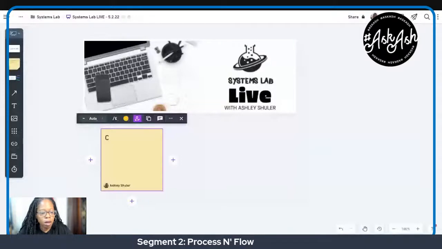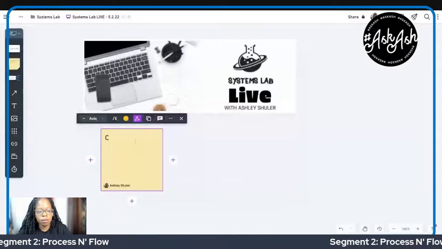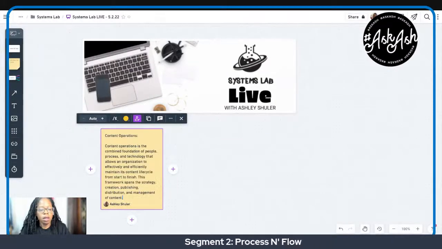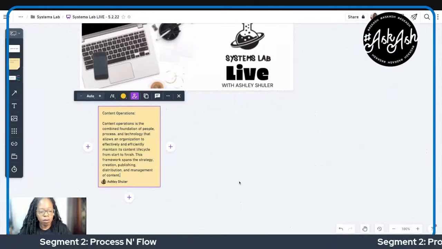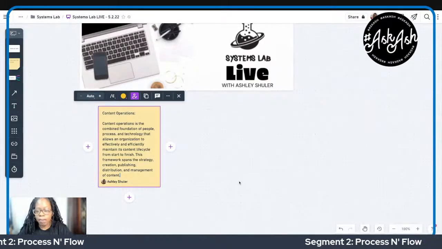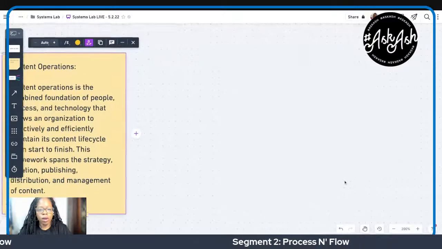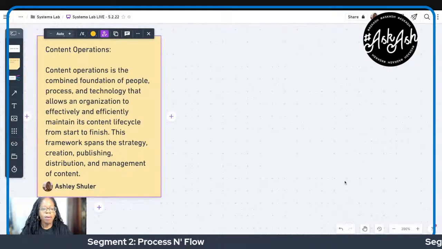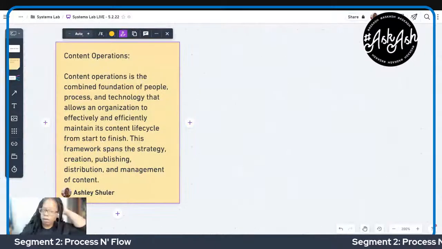Content operations. All right. I'm going to zoom in for a little bit, so we can see everything. Okay, that looks good.